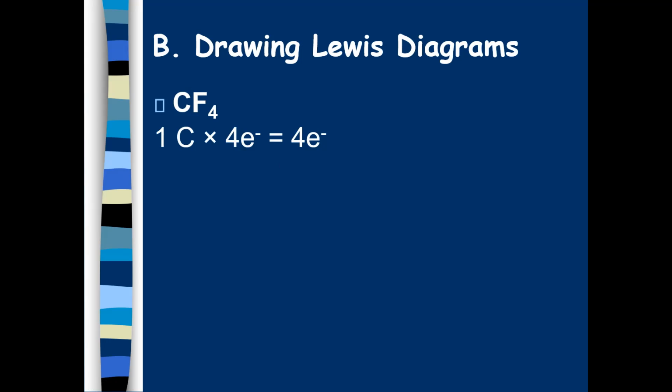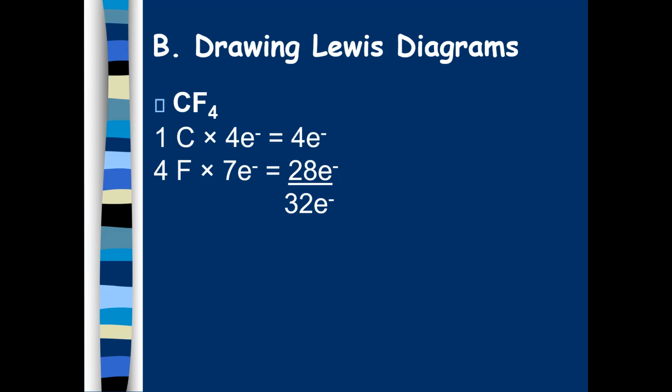Then we have 4 fluorines, because that 4 right here, with the spotlight, is telling me that I have 4 of those. And that gives me 28 of those. So adding them together, you get 32. Okay, that's step 1.